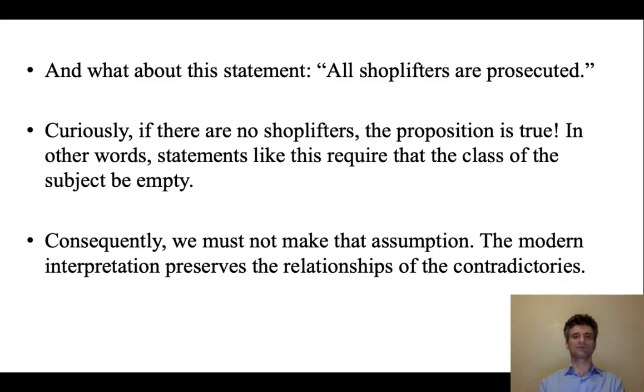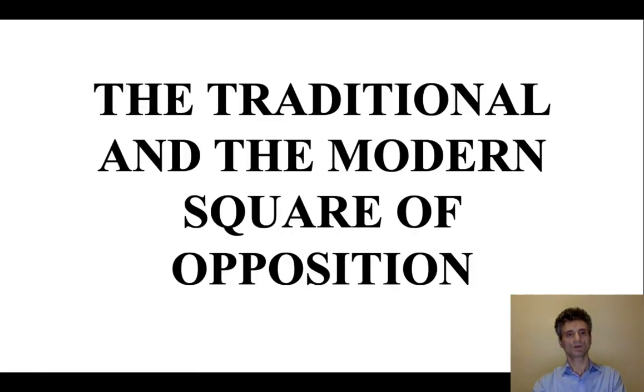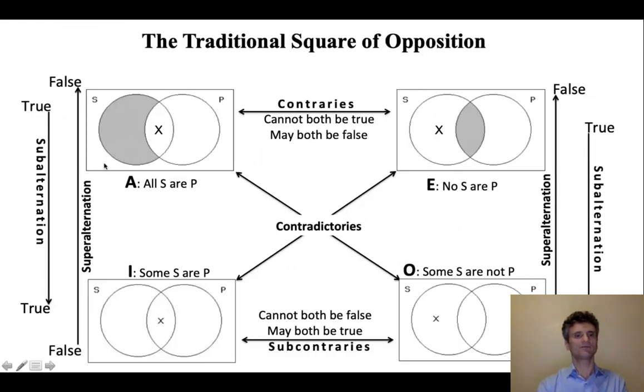Now, if this sounds confusing, let me explain what I mean again. Let's take the form A. According to the traditional square of opposition, form A states that there exist shoplifters.